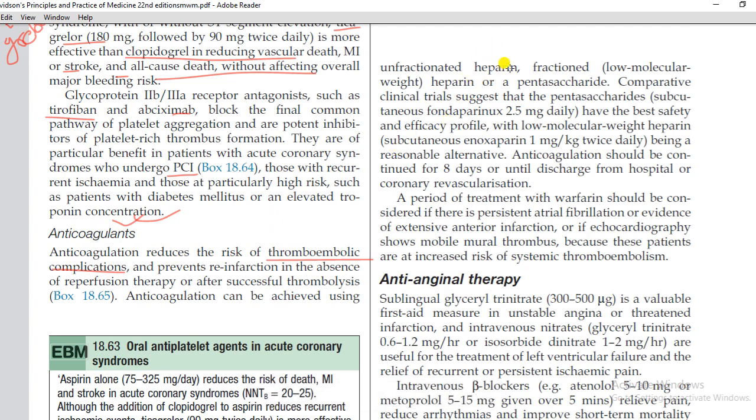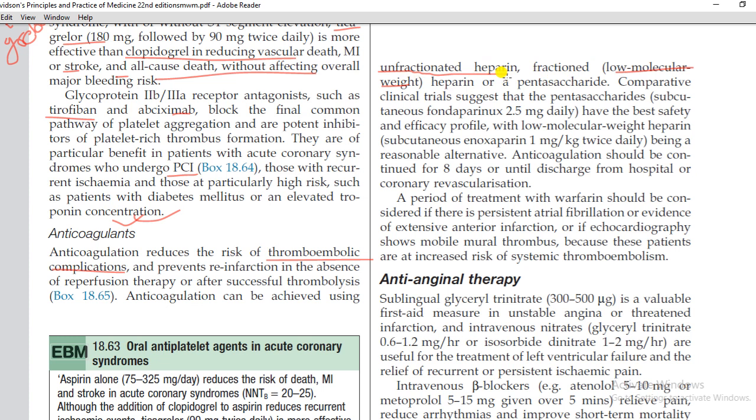There are various forms of heparin: unfractionated heparin, fractionated or low molecular weight heparin, or pentasaccharides. I think it is unfractionated heparin.